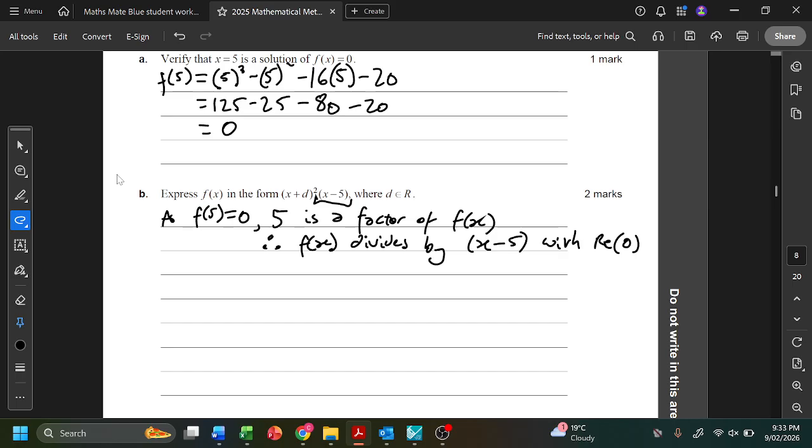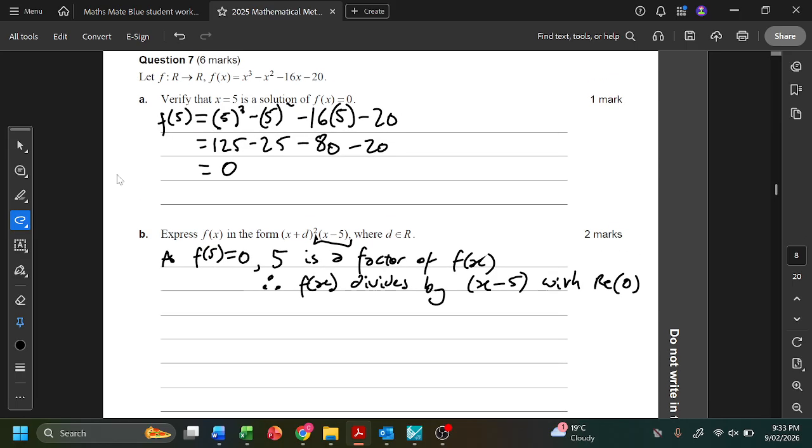So all of that is to say we need to use some form of division. We could use polynomial long division, we can use synthetic division, or we could use the equating coefficients method. I personally think that synthetic division is the easiest option here. The way synthetic division works is we're just going to go ahead and write out the coefficients of f of x, which here are 1, -1, -16, and -20.